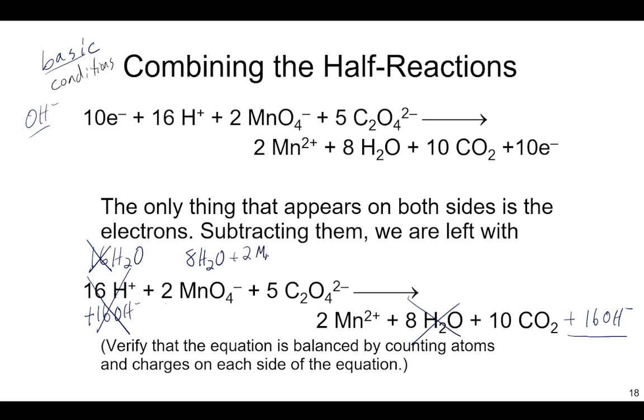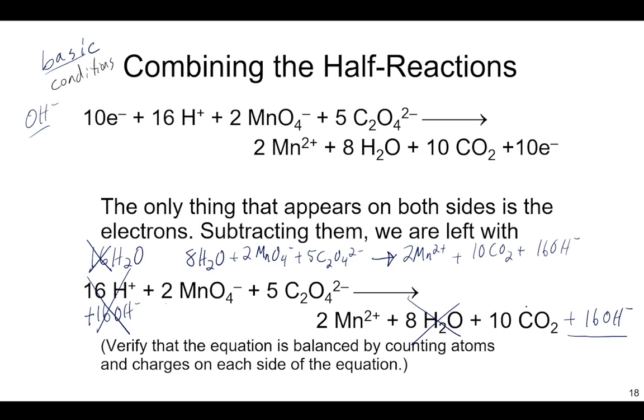And so now, in basic conditions, this balanced redox reaction will look like the following. Okay, now there's OH minuses floating around, not H pluses.